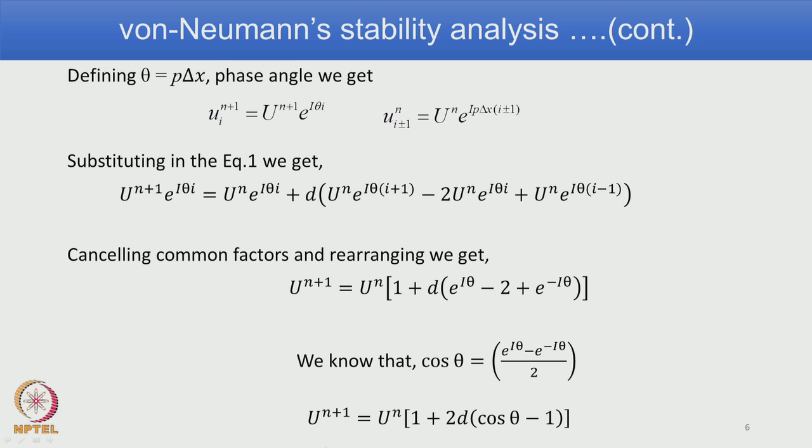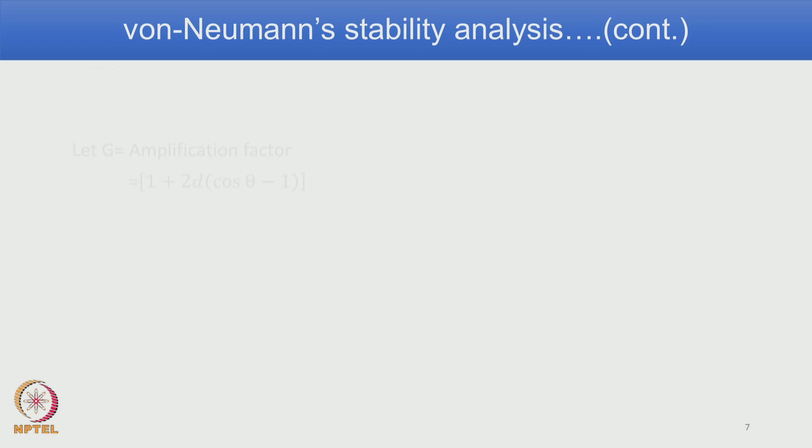What you observe is u at n plus 1 is related to u of n times some quantity, and this is actually the error quantity, which will be used for doing the von Neumann stability analysis. So, the bracket term, which is 1 plus 2 d times cos theta minus 1, is what is known as the amplification factor, and the usual symbol is g.